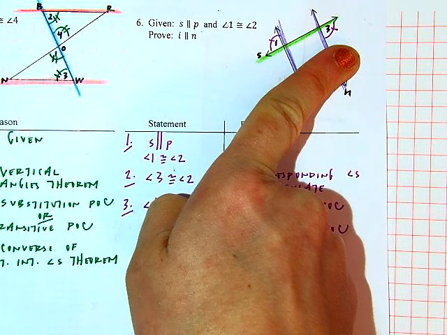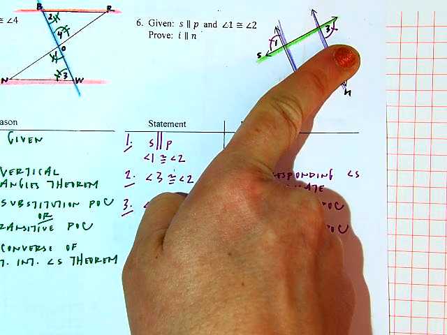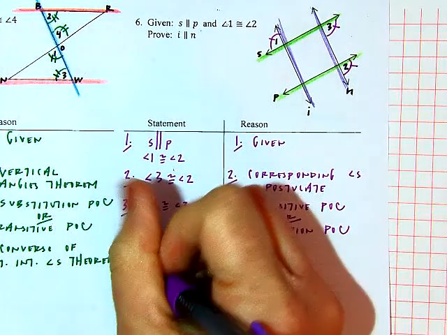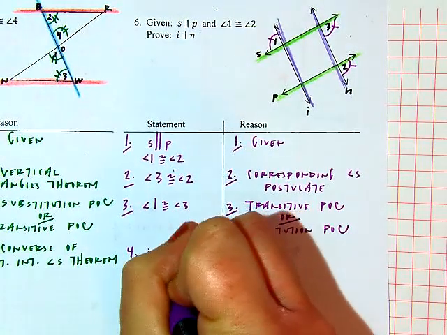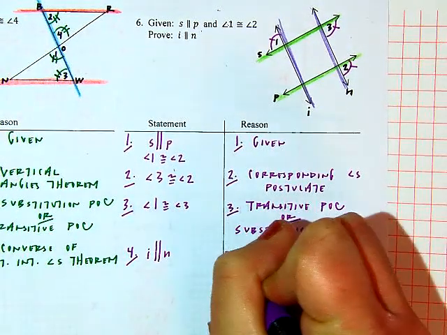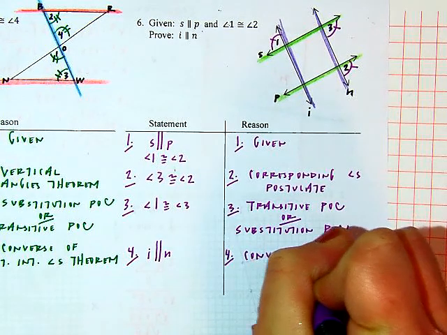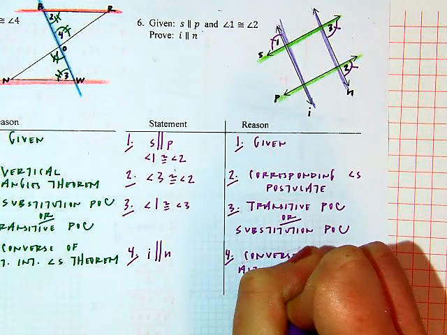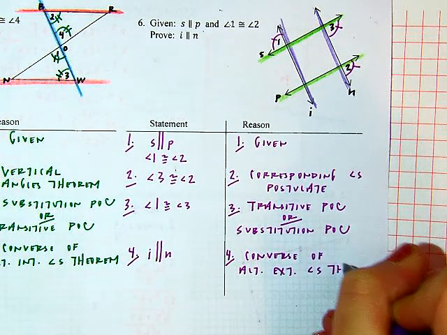They are congruent, so that is what is going to lock my purple lines right here into a parallel position. So I can reach my conclusion that I runs parallel to N, converse of the alternate exterior angles theorem.